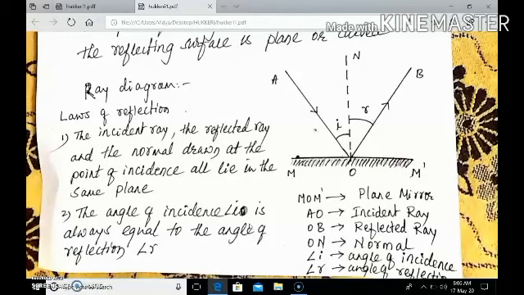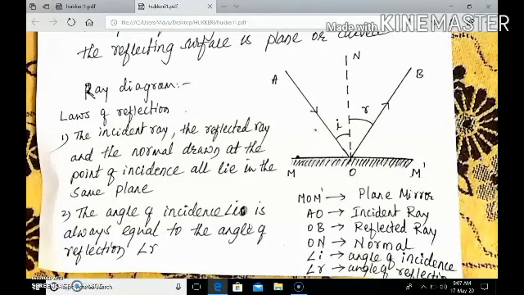If light is incident normally, along NO, then after reflection, light retraces its original path but in the opposite direction.